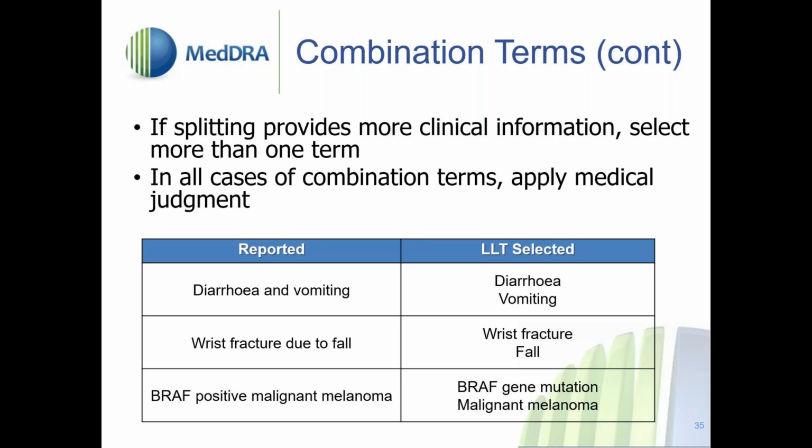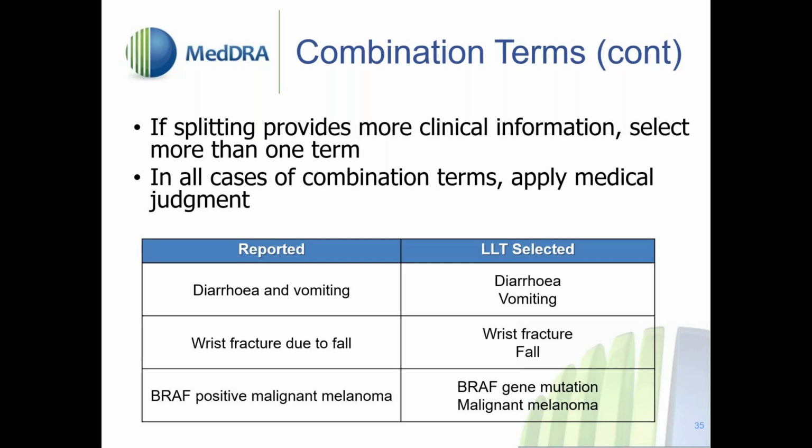If a combination term that describes a genetic marker or abnormality associated with a medical condition is not available in MedDRA, you can select separate terms to represent these as well as the medical condition or the cancer. Just remember that medical judgment is needed when you're deciding whether or not to split and whether or not you could lose data if you don't split.